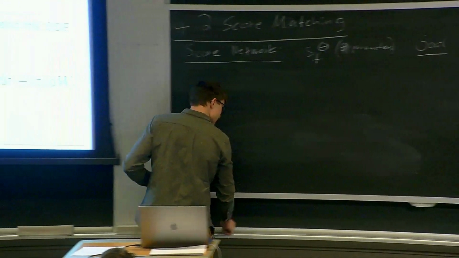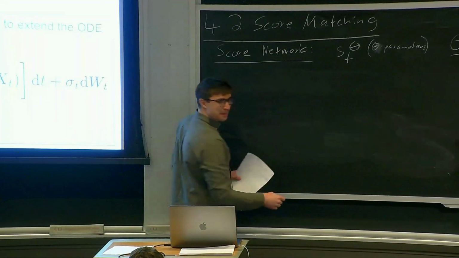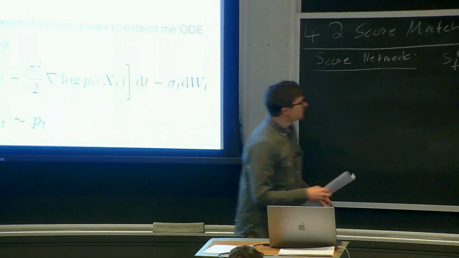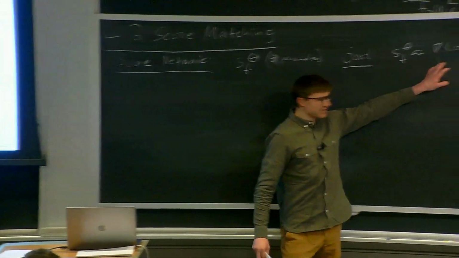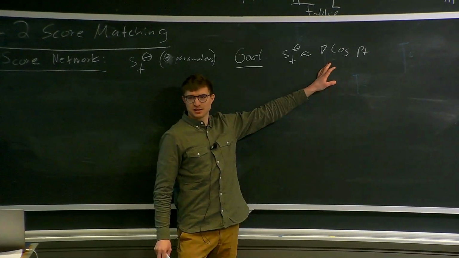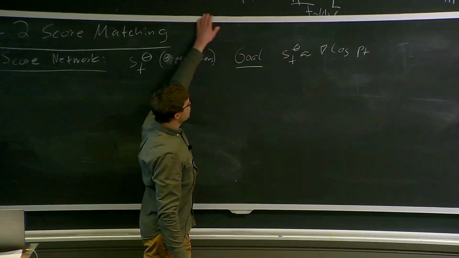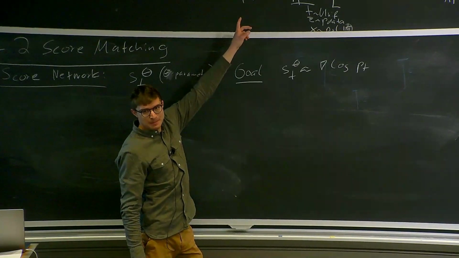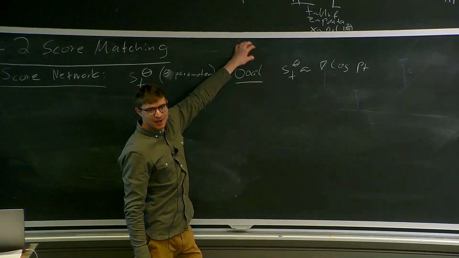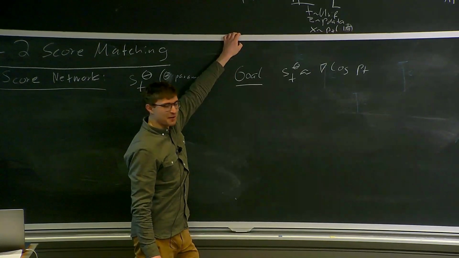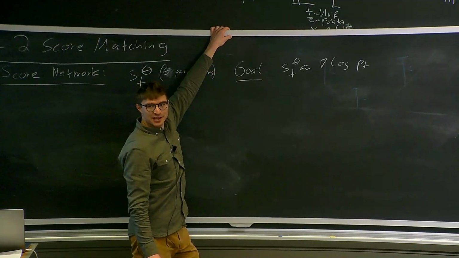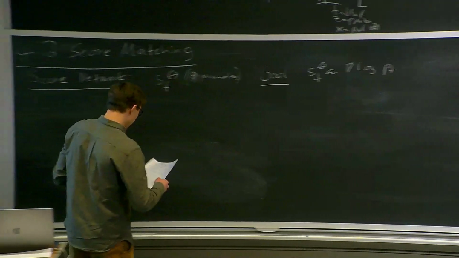And how would you do this now? Given what you just saw, let's think for a second. The marginal score has the exact same formula as the marginal vector field. The same trade-offs hold. We have a marginal loss and a conditional loss. Now I'm going to do the same exercise again. I'm going to define a marginal loss and a conditional loss, and I'm going to show you that they are the same up to a constant. Let's make this specific.